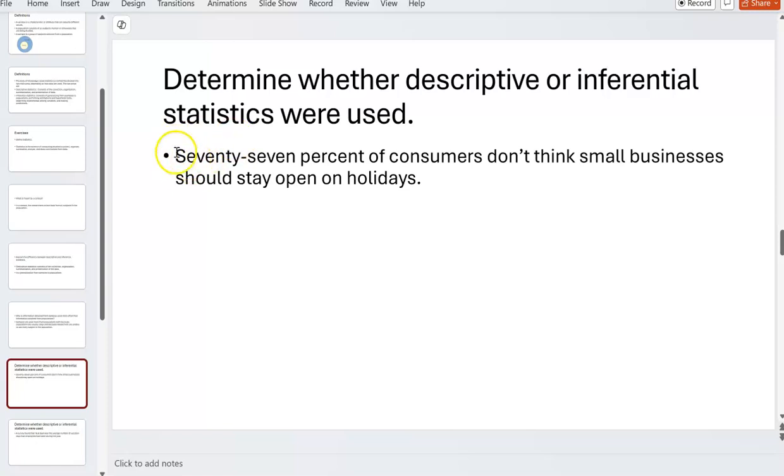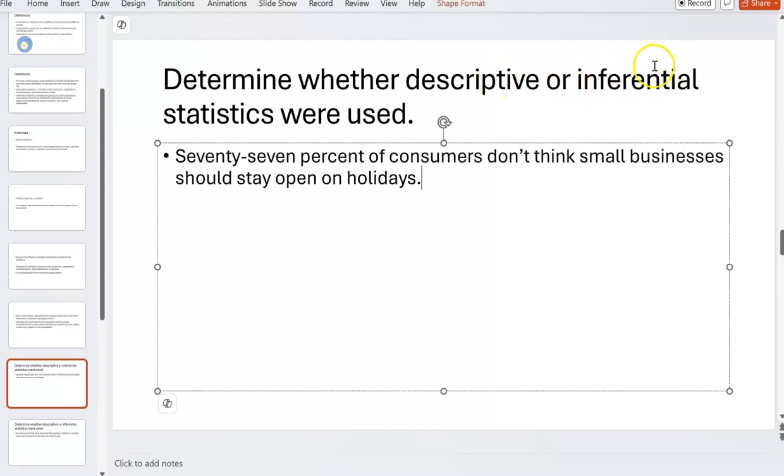The key thing is that it's 77%. We don't know the total number of consumers who don't think small businesses should stay open on the holidays. So in this case, this would be inferential.